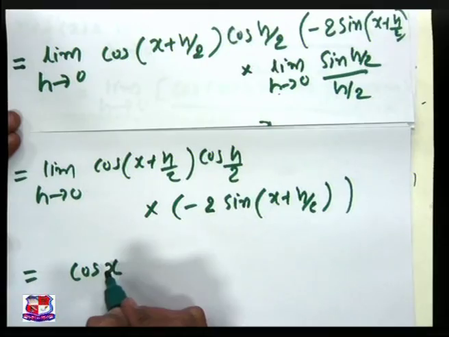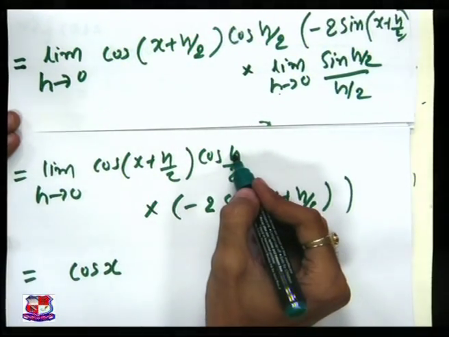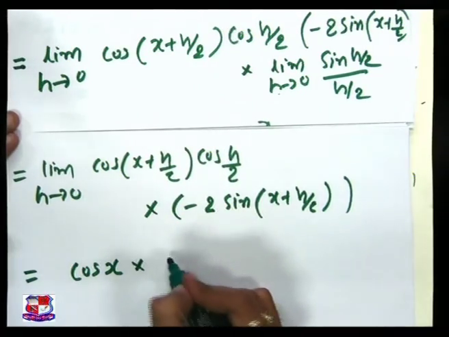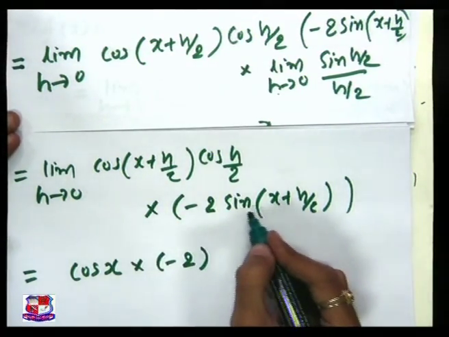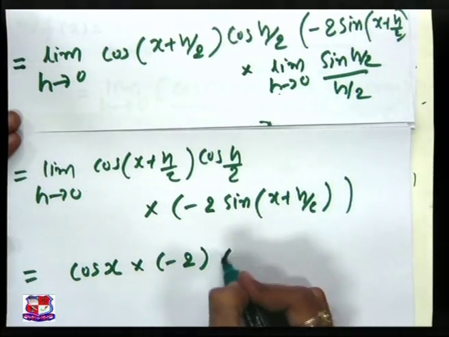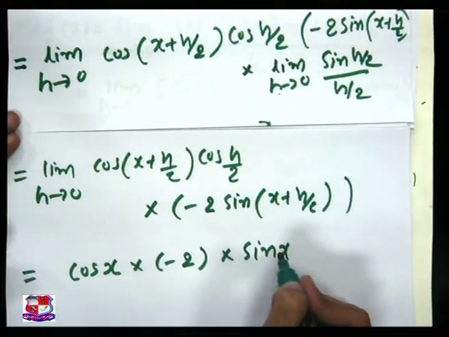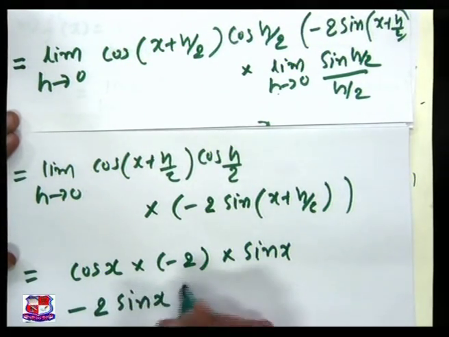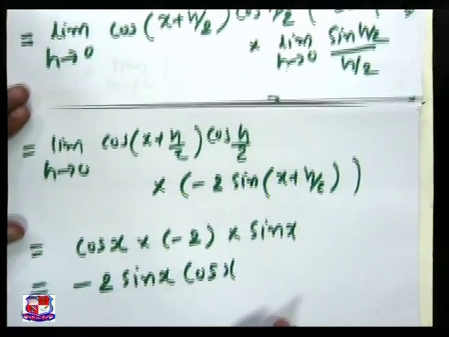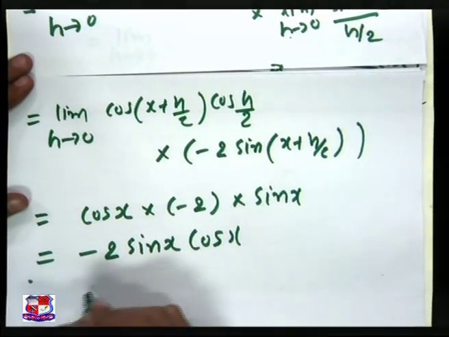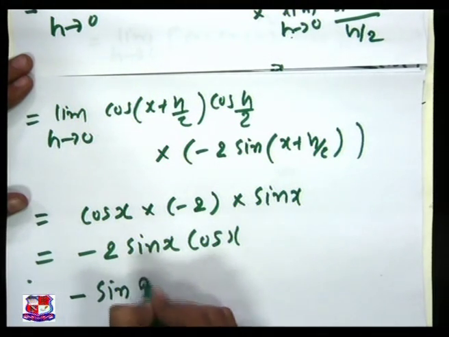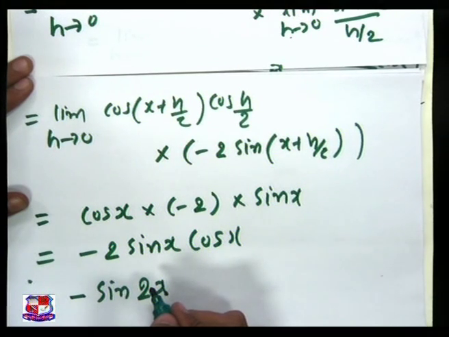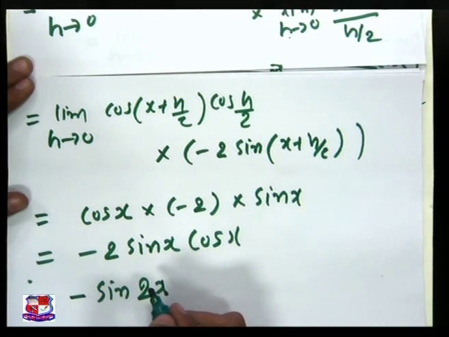In the same way, if we put 0 here, then cos 0 is equal to 1, so this one is 1 into minus 2, and if we put h equal to 0, that will be sin x. So this one is equal to minus 2 sin x into cos x, and minus 2 sin x into cos x, that is minus sin 2x.